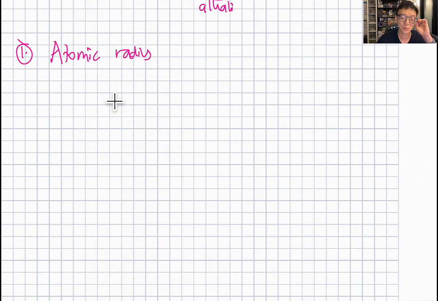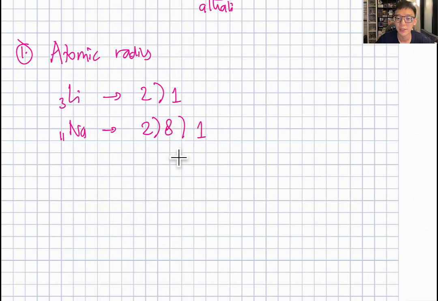Now I would like to invite you to think, for example, we have lithium 3, and then we have, let's say, sodium 11. For simplicity's sake, I would like to write the electron configuration in shells, so like 2, 1 for Li, and for Na it will be 2, 8, 1. And I invite you to think which one of these two atoms would have the longer radius.